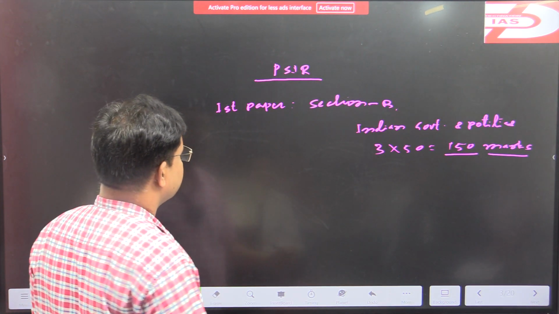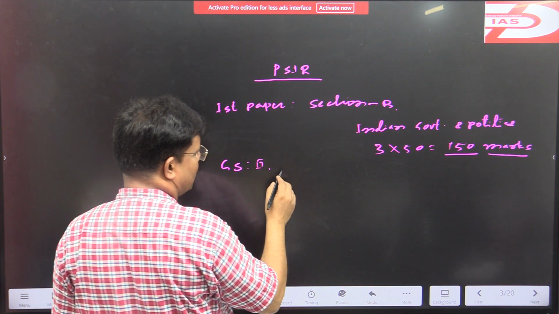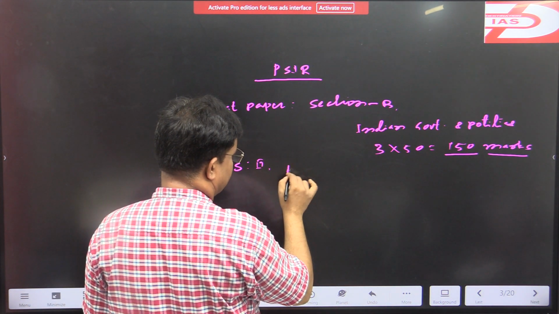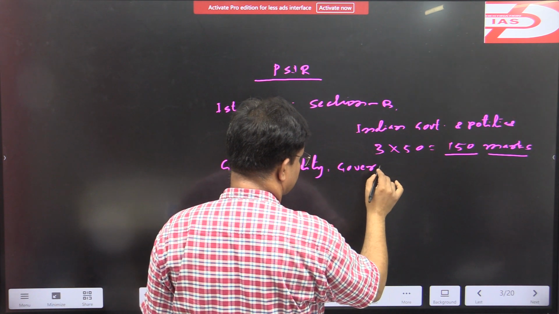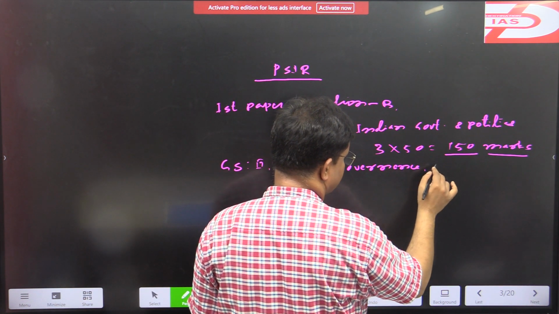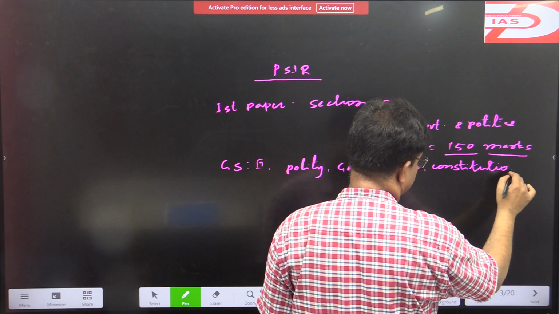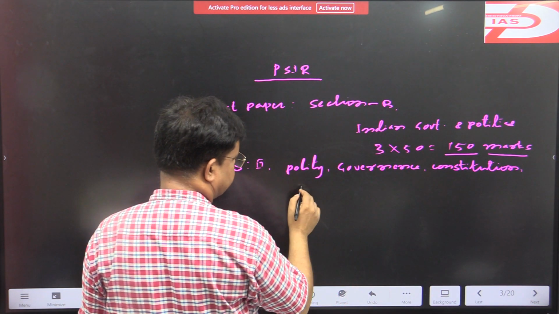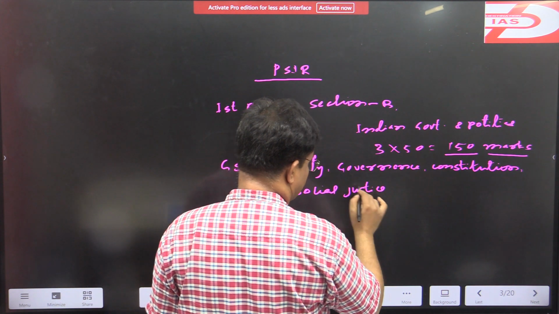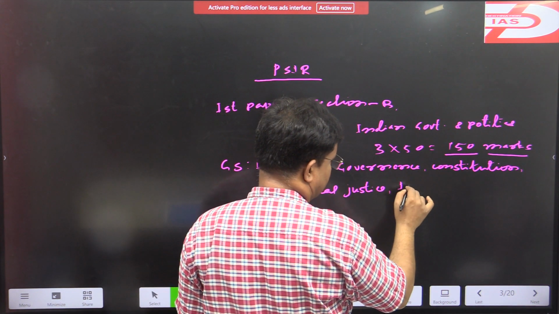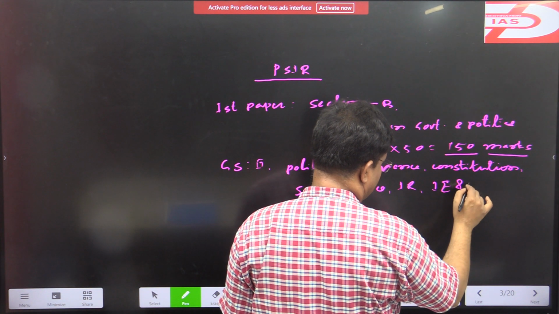First paper, section B. In case of GS second paper, your GS second is related to polity, governance, constitution, social justice, international relations, and international economic and political organization.